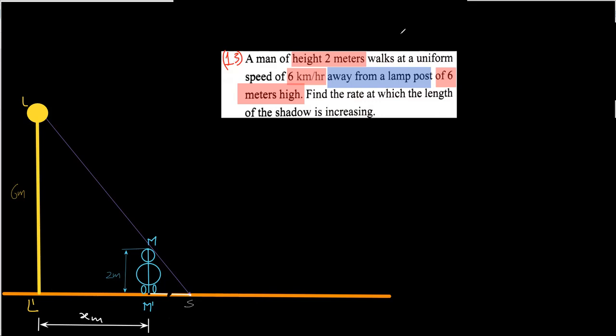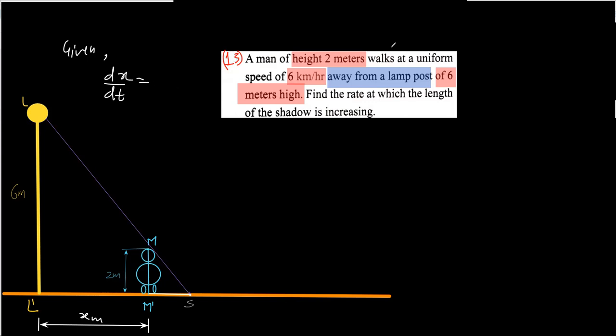And I am given the rate at which the man is walking. So I can say that the rate of change of x is 6 kilometers per hour. So I write, given: dx by dt is 6 kilometers per hour.